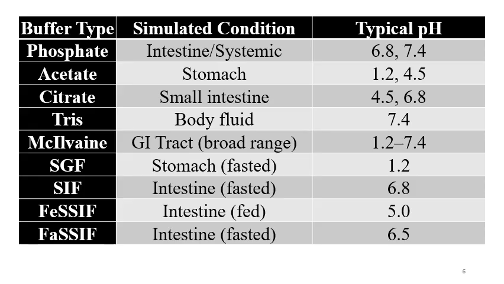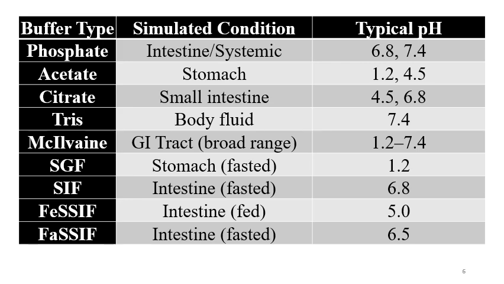SGF and SIF are there for the stomach fasted state and intestine fasted state. SGF pH is 1.2, SIF pH is 6.8. FeSSIF and FaSSIF, that is intestine fed and intestine fasted.